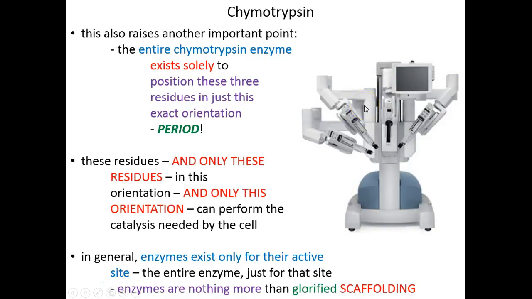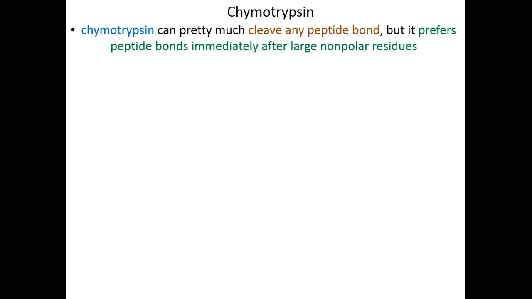Enzymes are exactly the same. All you really need for the catalysis are the very few side chains of the amino acids in the active site. You can think of this as the active site. But the rest of the enzyme is needed to place those side chains in that specific orientation in three-dimensional space.